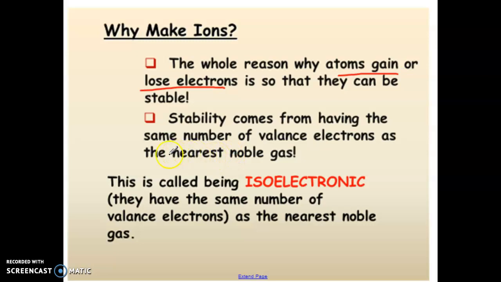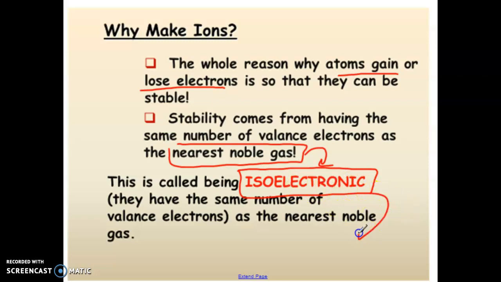Sometimes we say we want the valence shell to mimic a noble gas, and there's actually a term for that. It's called isoelectronic. Ions are isoelectronic to a noble gas, meaning they have the same number of valence electrons, so it has a full valence shell.